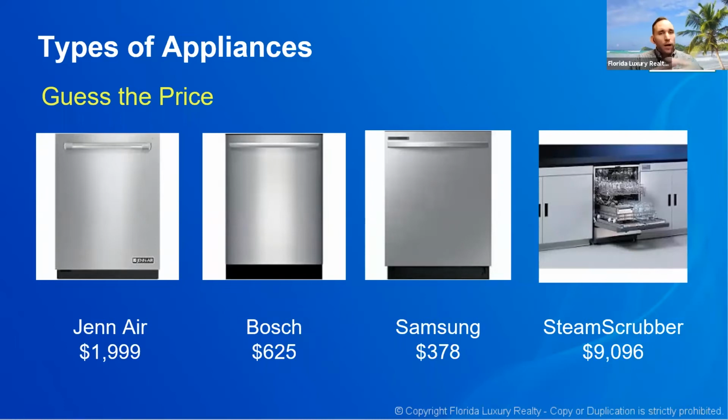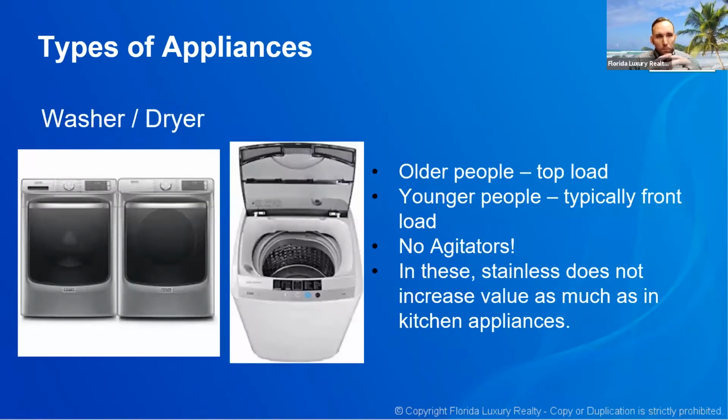Don't go spending $2,000 for a JennAir brand, because I know in JennAir microwaves, they can still use GE components. So I'm not inclined to spend three times as much for a JennAir as I would for a Bosch, which is what most buyers want now anyway. It's kind of interesting that you can have such a huge swing in an item that at the end of the day, all works exactly the same. You put the same exact cleaner in it, which is what actually cleans them. There's no real difference in them.